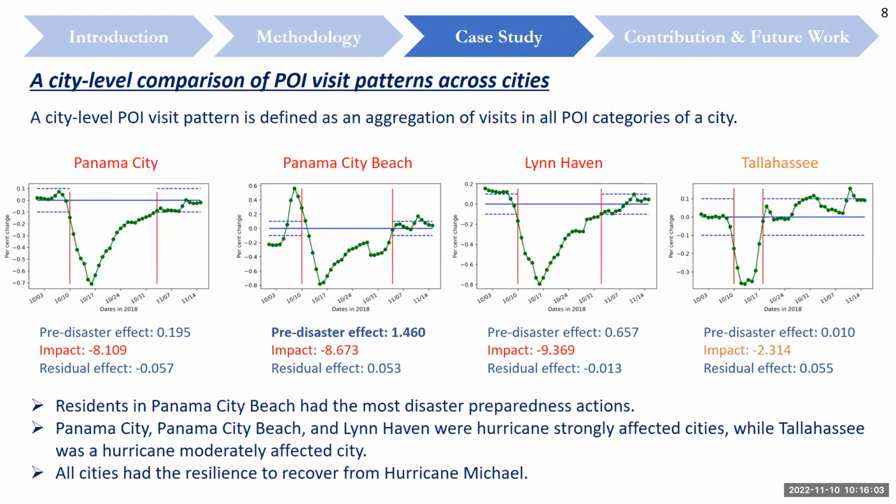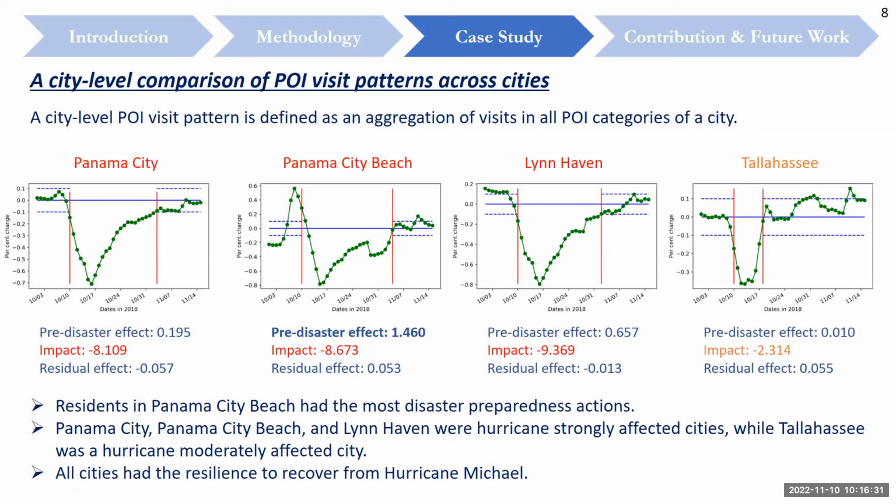First we calculate the city-level POI visit pattern and did a comparison. Here you can see the curves of POI visits for the 4 cities, and also the 3 indicators: pre-disaster effect, impact, and residual effects. For the 3 cities, Panama City, Panama City Beach, and Lynn Haven, the impact indicator is much higher in absolute number compared with Tallahassee.